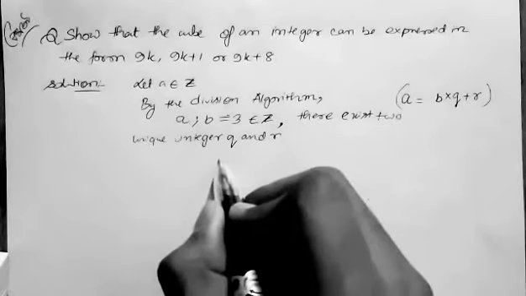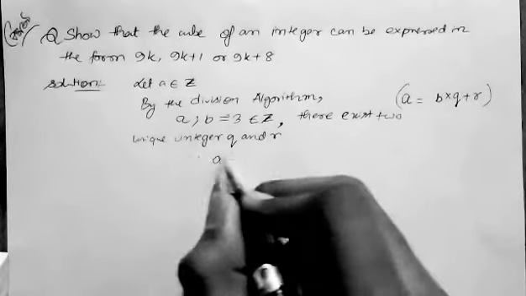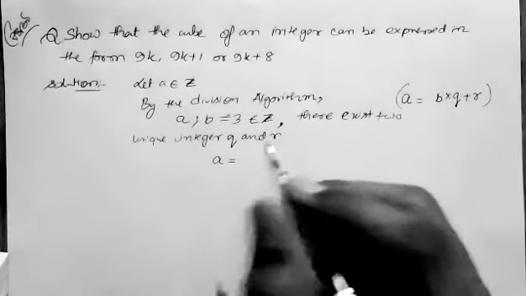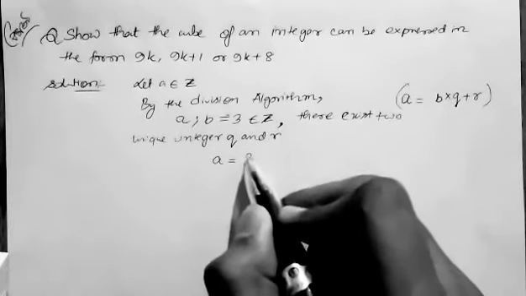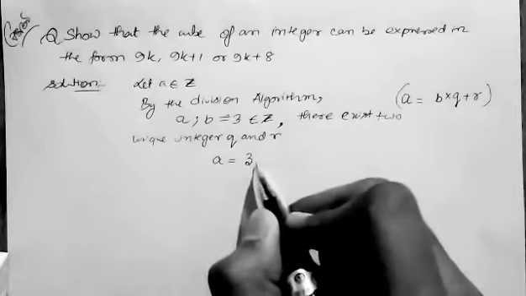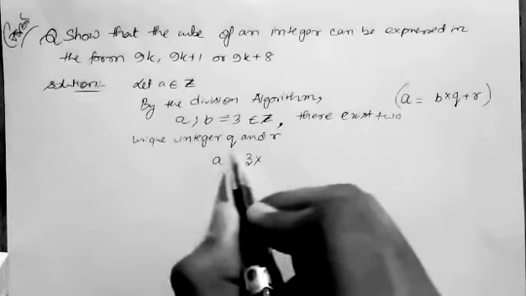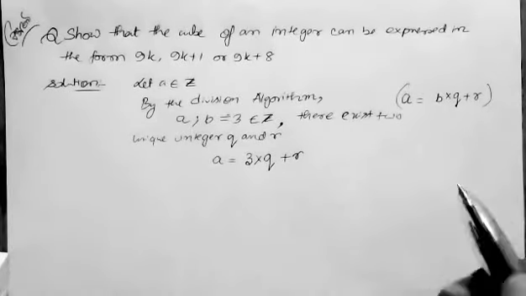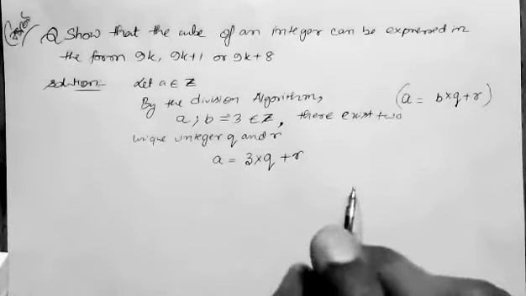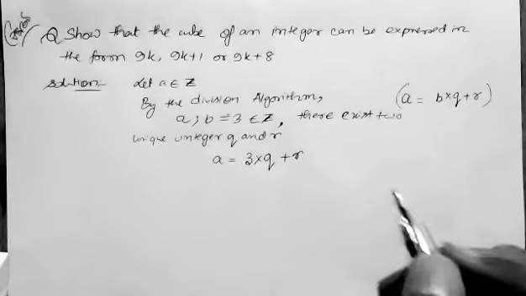That is, when you divide a by b, you get a quotient and a remainder. What is the value of b here? It is 3. So a equals 3 into q, the quotient, plus the remainder r. You can express it in this form, okay?